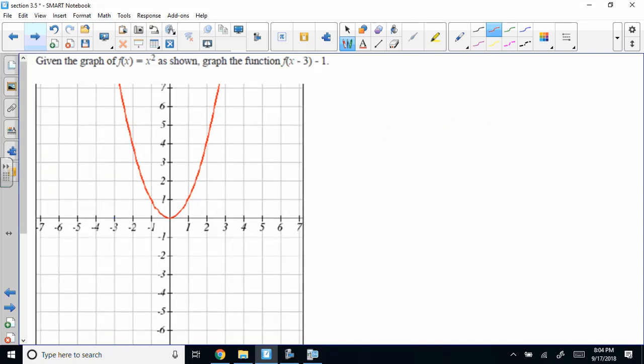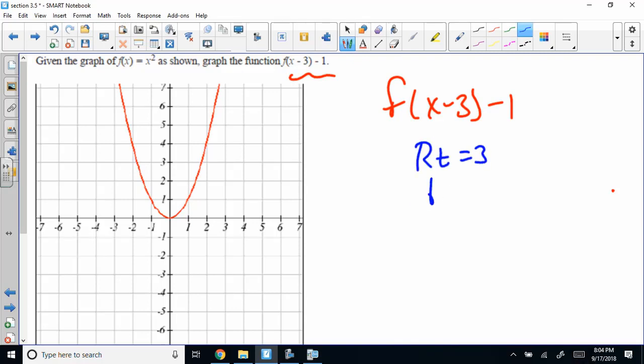Okay, so let's look at this one. What are we going to do with this? F of x minus 3 minus 1. What's happening? It's going right 3, down what? So let's take this point, 0, 0. Let's go to the right, 1, 2, 3, and down 1, right? So that's where my new one is, right?